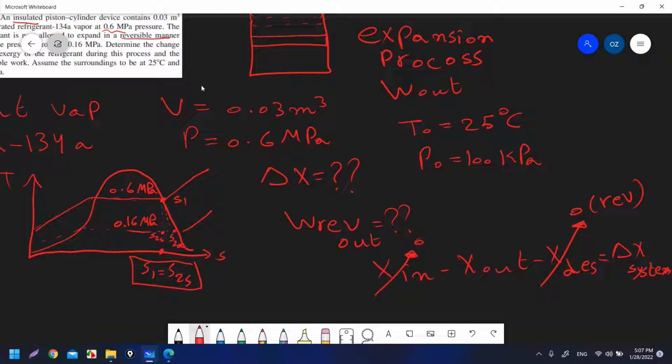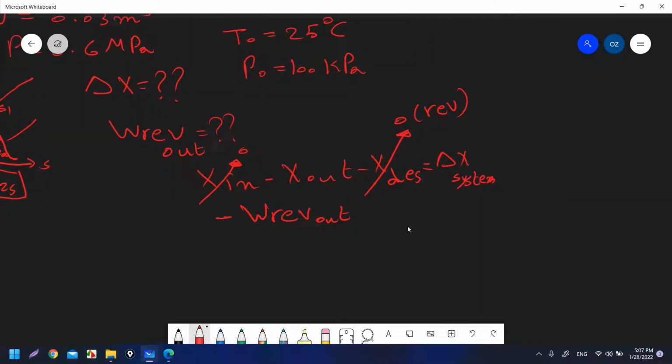We have only out, which is the reversible work that we want to calculate, equal to delta X system, which is equal to X2 minus X1. If we distribute the negative, work reversible out equals X1 minus X2.